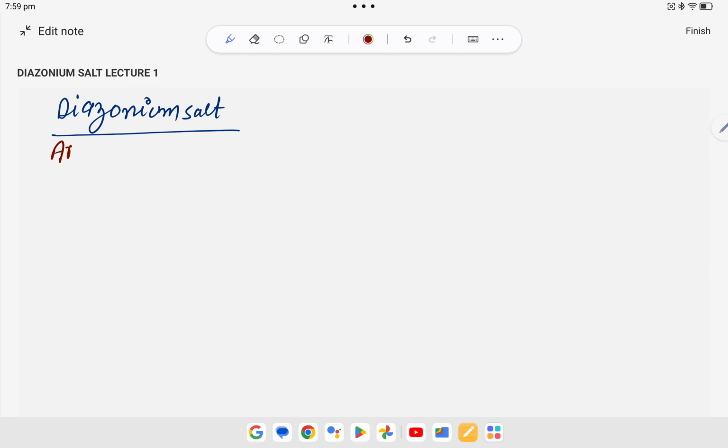Aryl diazonium salt and alkyl diazonium salt, both kinds of salt are there: ArN2X or RN2X. Here Ar means aryl, aryl means phenyl group, R means alkyl, you know, N2 means N2 plus, that is your diazonium.